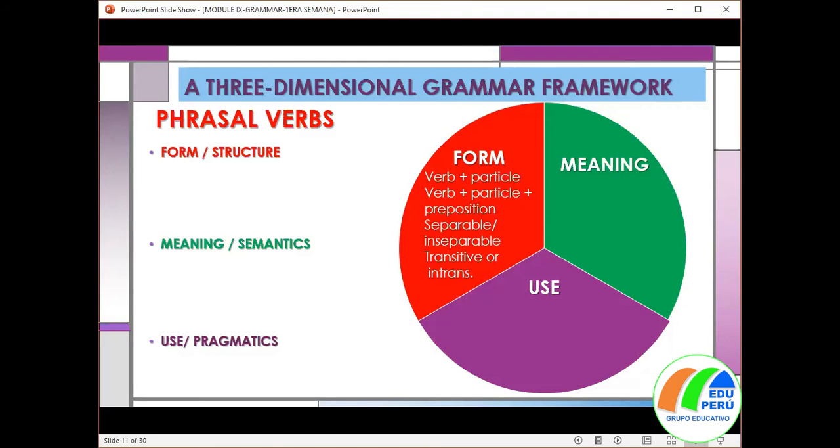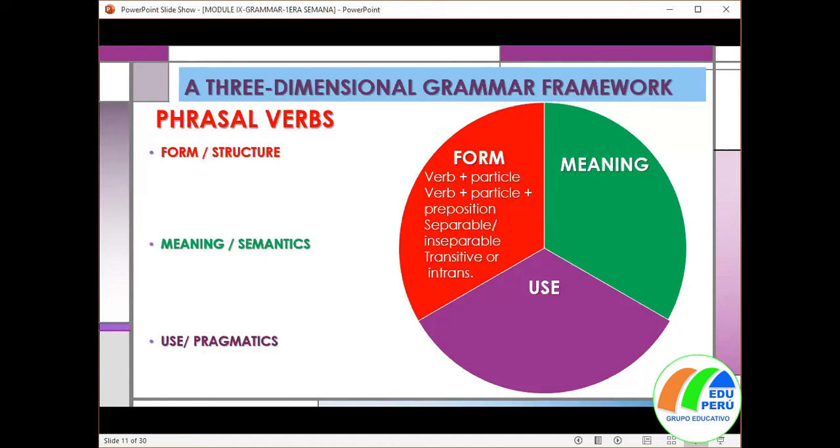Now, a simple example of a phrasal verb is get up. Get plus up. You know this, no? What is the meaning of get up? Levantarse. Yes, to get out of bed, to wake up and get out of bed.